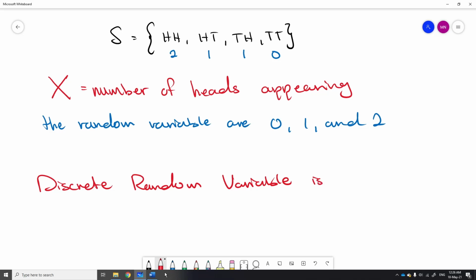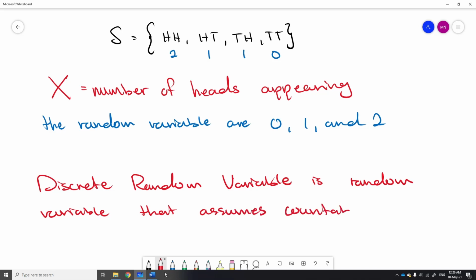For example, x equal to the number of students.